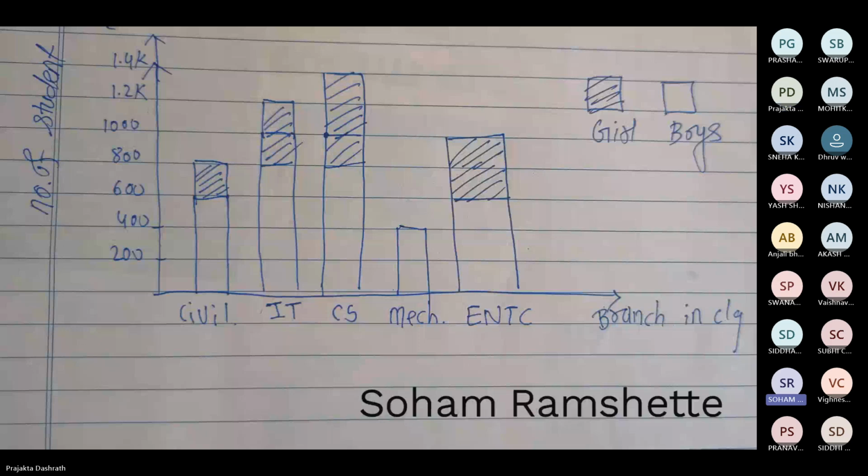This graph tells that CS has the maximum number of students, then ENTC has an equal number of students, and so on. Okay, very good. You will also be treated present in today's practical.